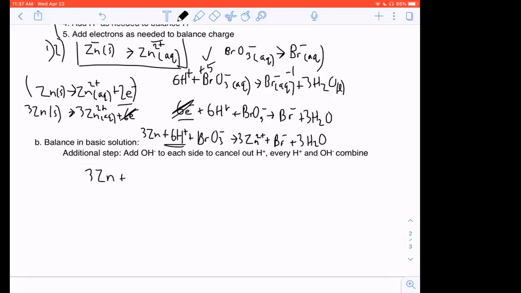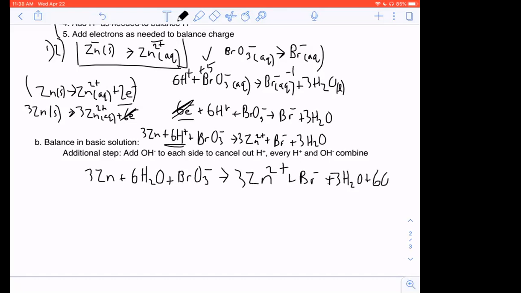Plus, since we're adding 6 OH minuses to the 6 H pluses, I'm just gonna write this as 6 H2O. Then plus BrO3 minus gives you 3 zinc 2 plus, Br minus plus 3 H2O plus 6 OH minuses.